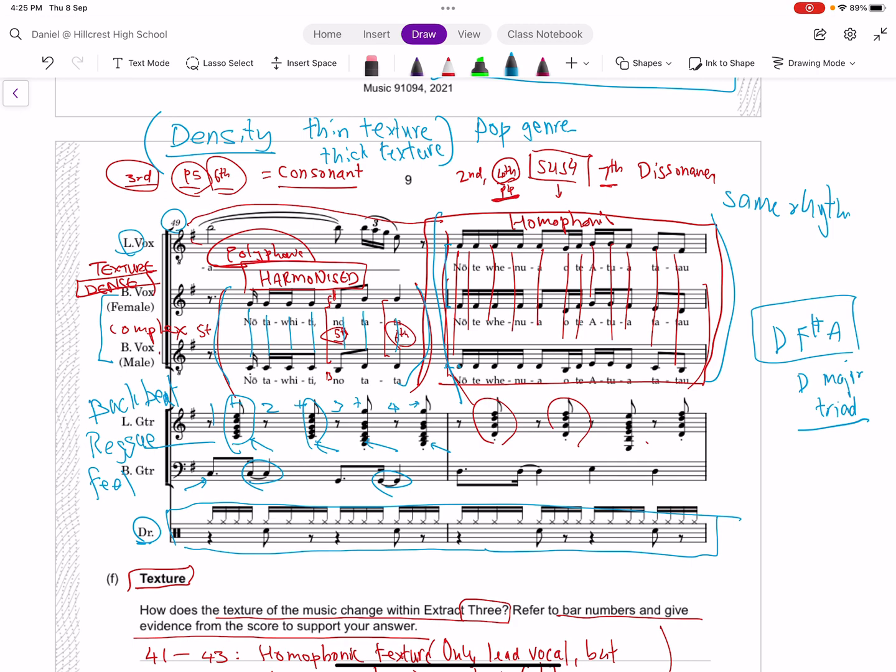Right? That's the root, that's the third, that's the fifth. It's not a root position there, but you can hear it's going to be very thick harmony there, in conjunction with the reggae feel.